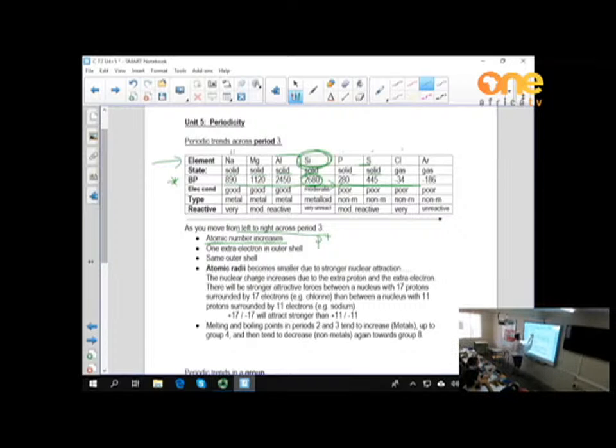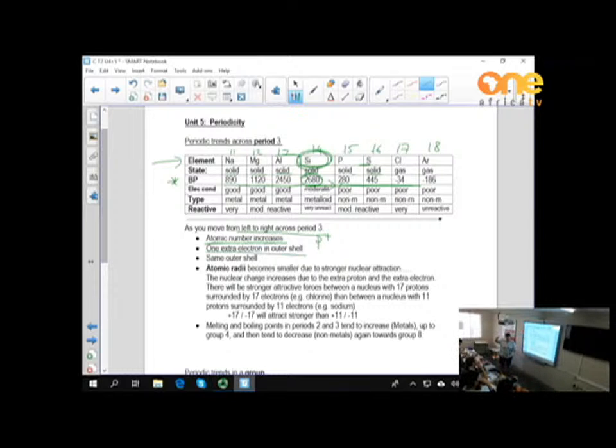Sodium has an atomic number of 11, magnesium is 12, aluminium 13, 14, 15, 16, 17, and 18. So what happens to the nuclear charge as we go from left to right? It's increasing.